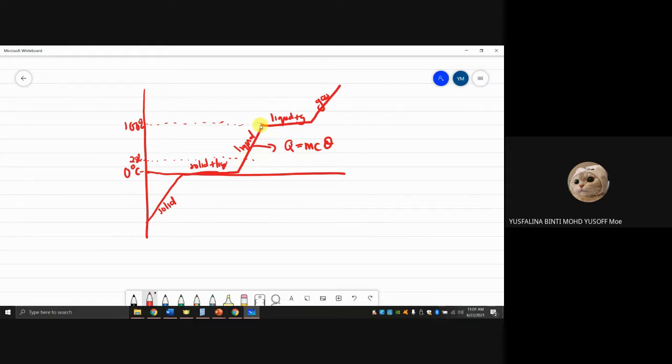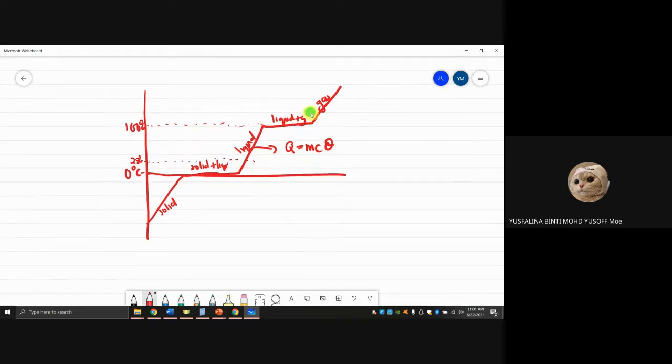At this point, the liquid will start to change to gas. This is still the process, until here, where all of it has changed to gas.